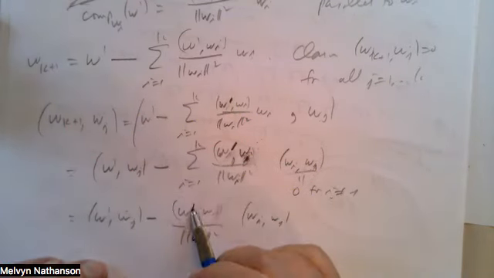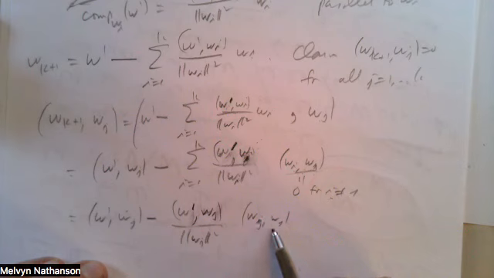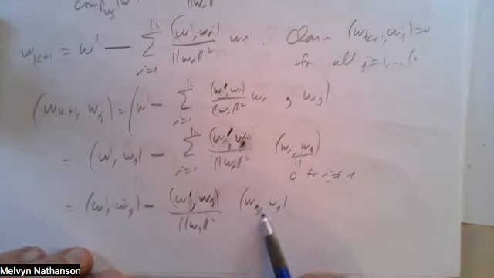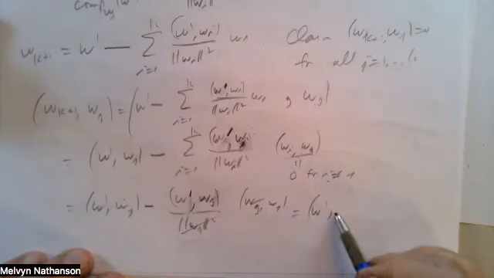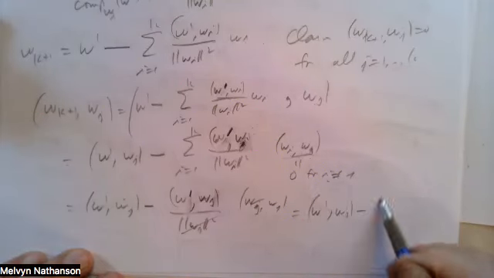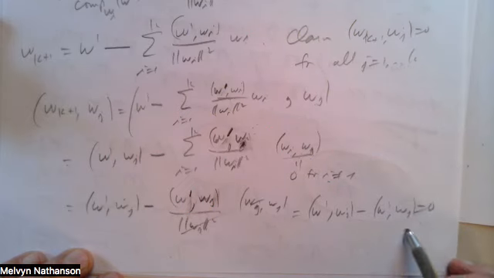When I equals J, this is the inner product of W prime with the vector WJ over the length of WJ squared, times WJ inner product with itself, which is WJ squared. These cancel. So I get W prime inner product with WJ minus W prime inner product with WJ. That's 0. So that's what I wanted to prove.